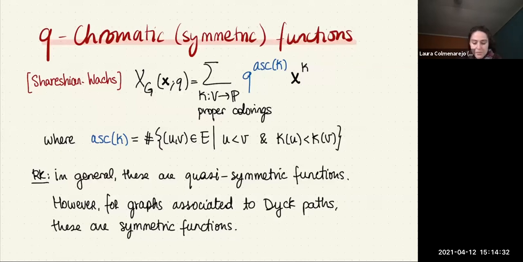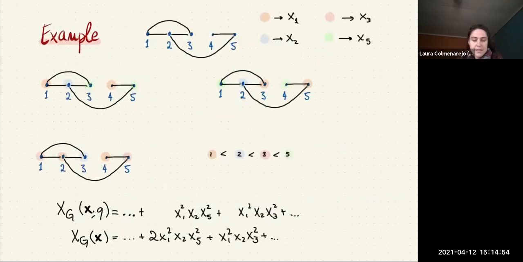But I just want to mention, so you are not mistaken, that in general these are quasi-symmetric functions. But for the graphs that are associated to Dyck paths, these are actually symmetric functions. So that's why I'm putting here that these are symmetric, instead of just putting the general case of quasi-symmetric functions.